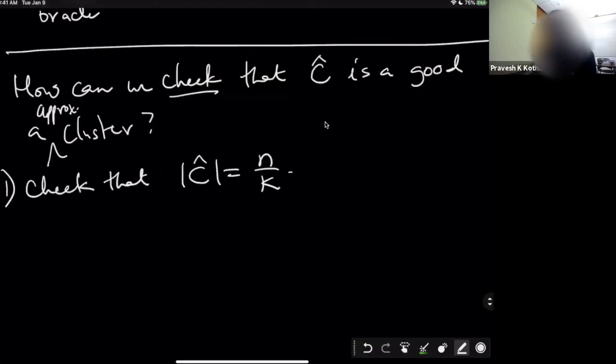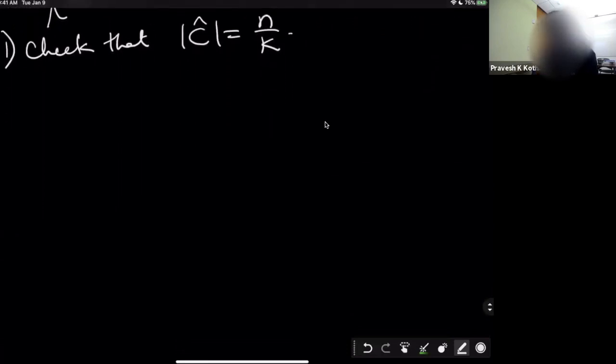We would want some kind of check that all true clusters pass, but fake clusters somehow cannot. To motivate this, let's recall our drawing from earlier, where we observed something, at least in one dimension. So to motivate this check, let's focus again on D equals 1.